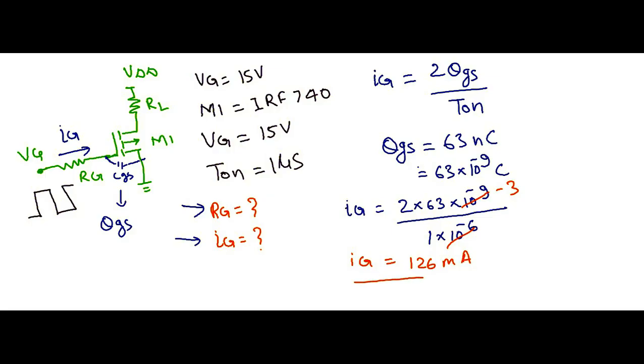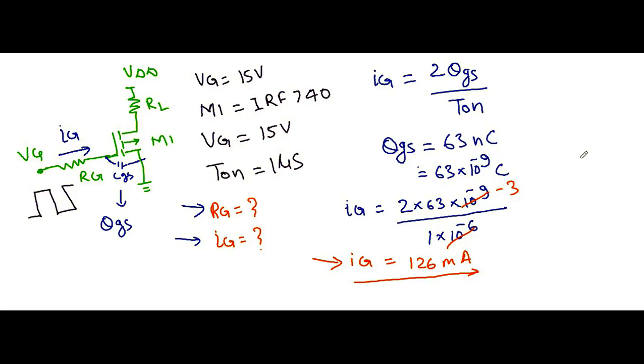Okay, so what is your IG value now? You got your IG value as 126 milliampere. In order to charge the gate capacitance of IRF 740, you need a gate current of 126 milliampere. So that is how you got the gate current.